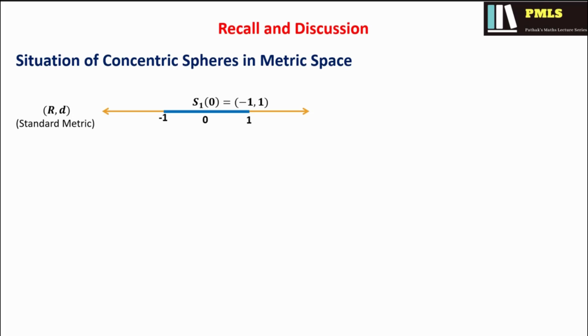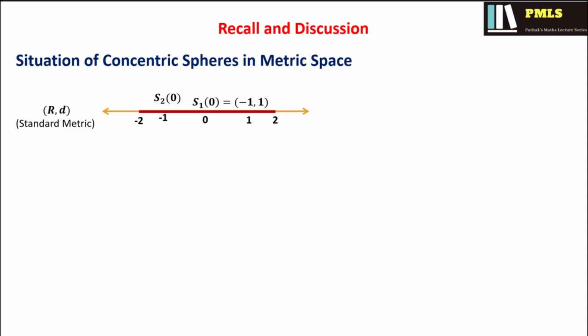So it is in fact an open interval, and if we increase the radius of this sphere, suppose 1 is increased to 2, then the open sphere, which is S(2,0) now, is again an open interval with endpoints -2 and 2.